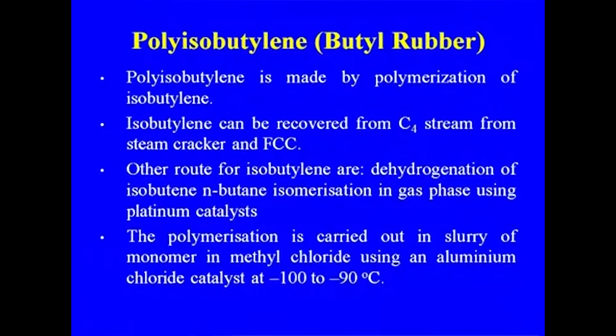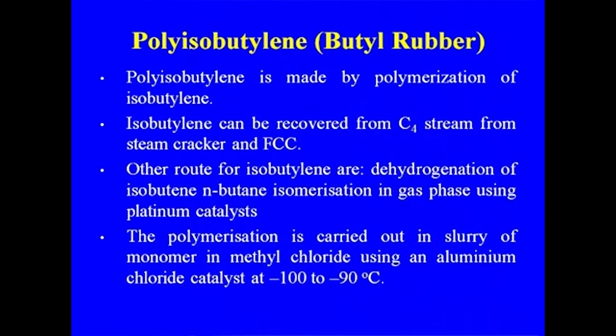Butyl rubber is made by the polymerization of isobutylene. As I told you, isobutylene can be recovered from the C4 stream, from the steam cracker and the FCC. Other routes for isobutylene are dehydrogenation of isobutane and N-butene, and isomerization in gas phase using a platinum catalyst.